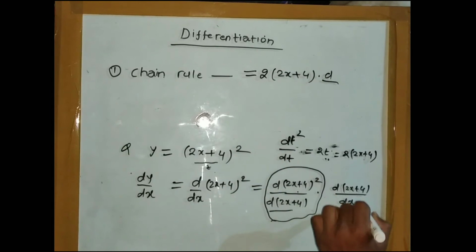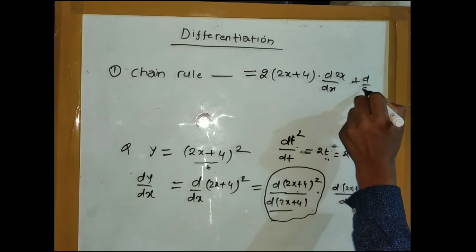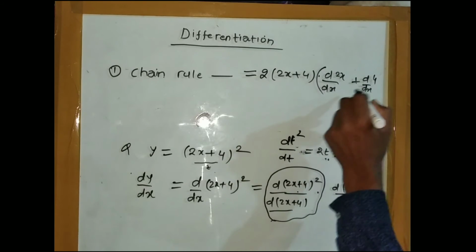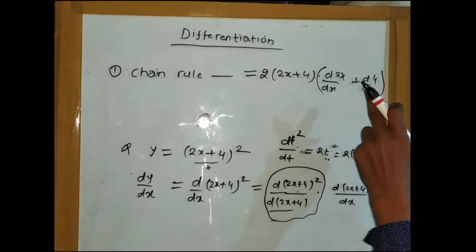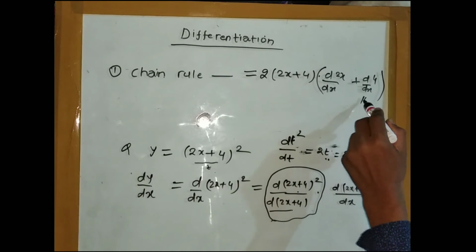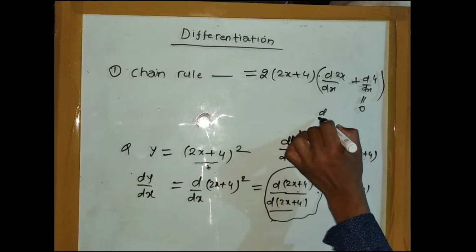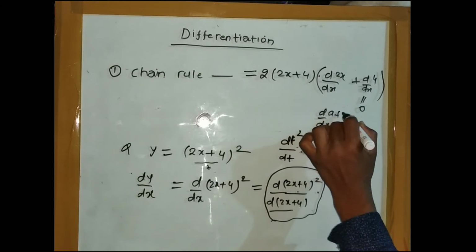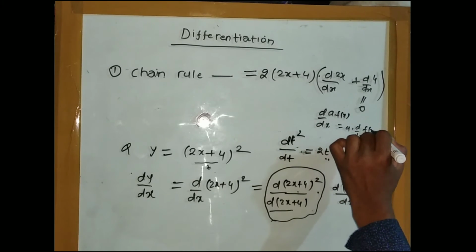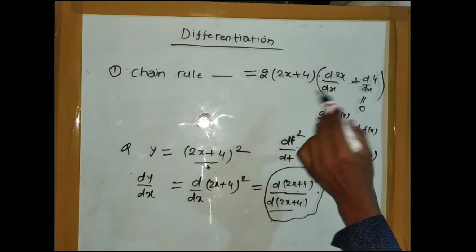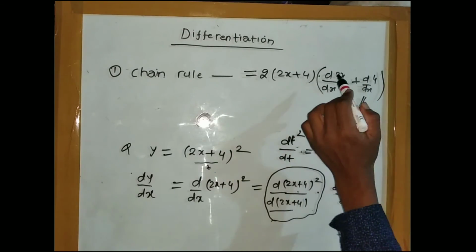Now d by dx of 2x plus d by dx of 4. We know that in the last video I discussed that the derivative of a constant is 0. So the derivative of this term is 0, and we also know that d by dx of a into f of x is equal to a into d by dx of f(x). Take the constant outside the derivative, means we can take 2 outside of this derivative.